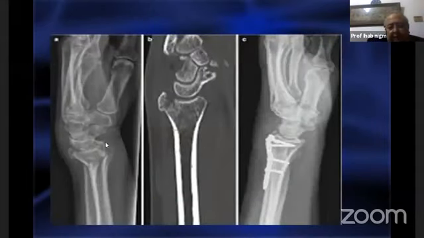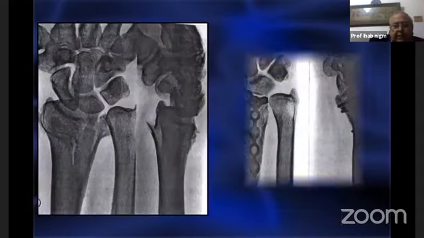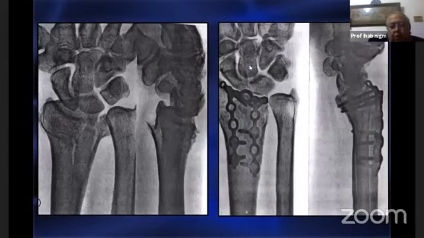This is an example of an intra-articular dorsal Colles type distal radial fracture and how it was fixed by a dorsal low profile plate. This is the AO plate. It was invented about 10 or 15 years ago. I don't remember exactly.